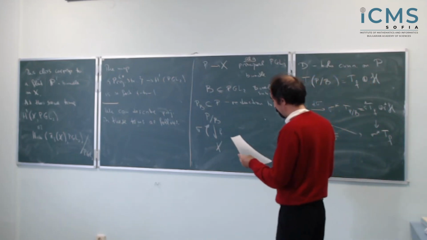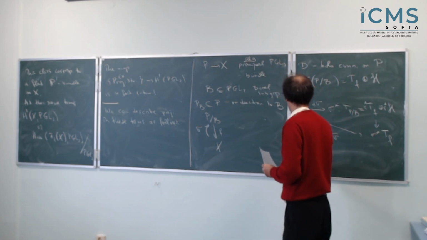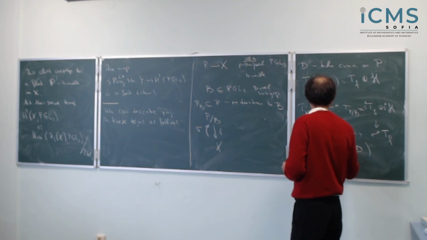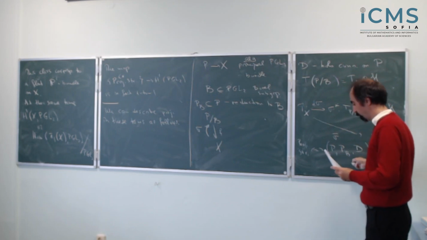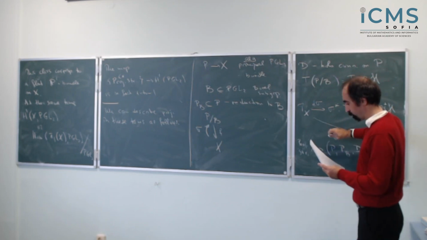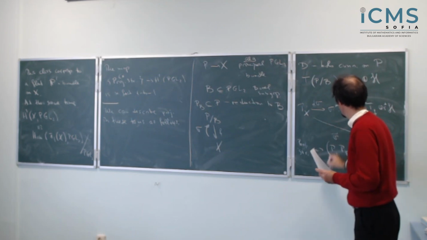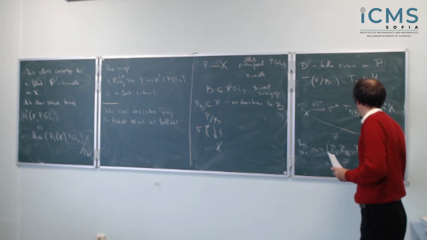So it turns out that the projective structure is equivalent to data (P, P_B, D): a PGL bundle, a reduction to B, and a connection, such that sigma bar is an isomorphism.